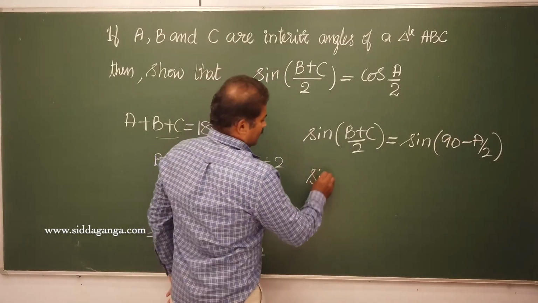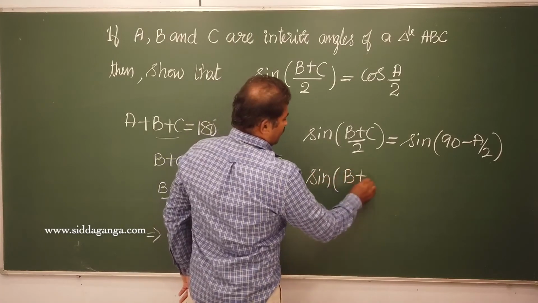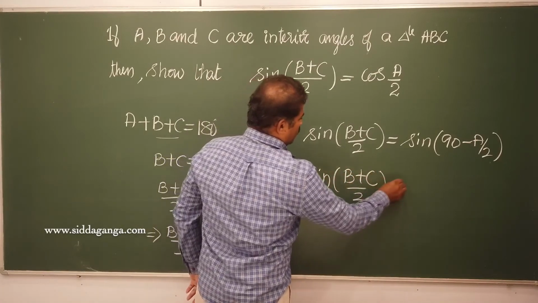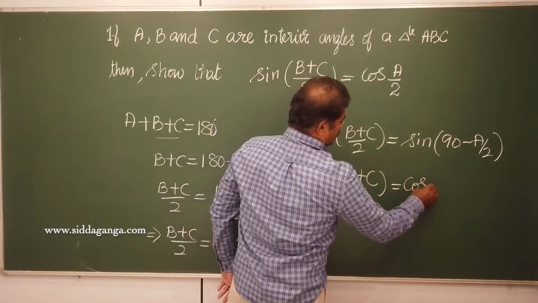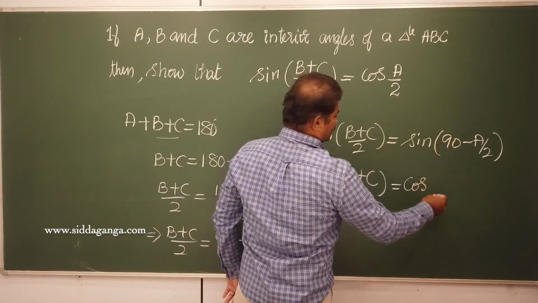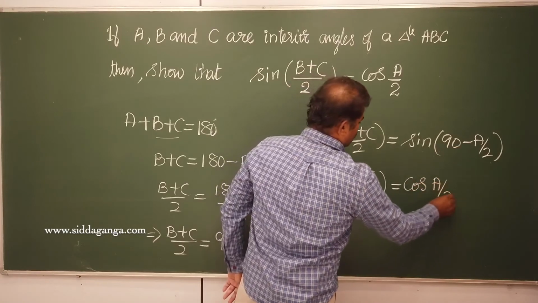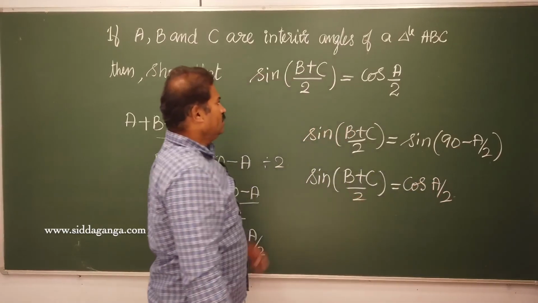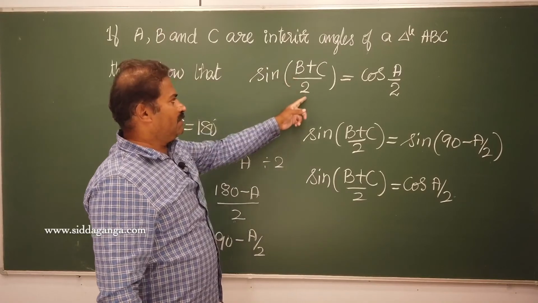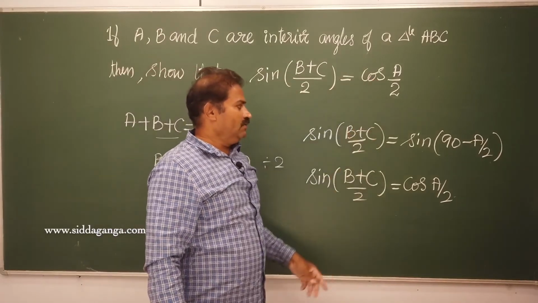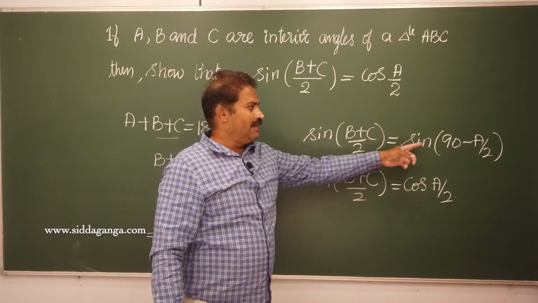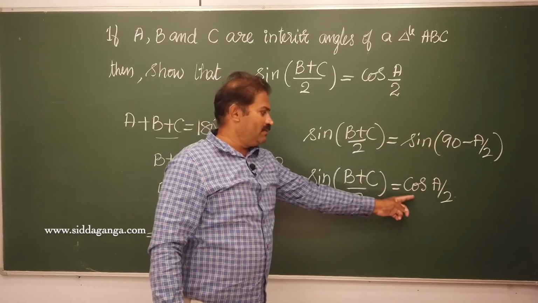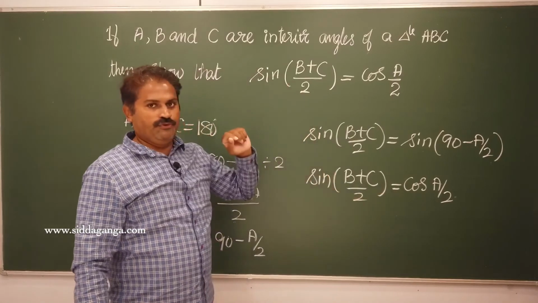So this will lead to sine of (B plus C) by 2, which is equal to, here you can write the complementary of sine, which is cos. So sine 90 minus theta is cos theta, so cos A by 2. So this is what you needed to prove: sine of (B plus C) by 2 is equal to cos A by 2. With the help of the complementary angle ratio, you have proved that sine of (90 minus A by 2) is equal to cos A by 2. That makes it the proof.